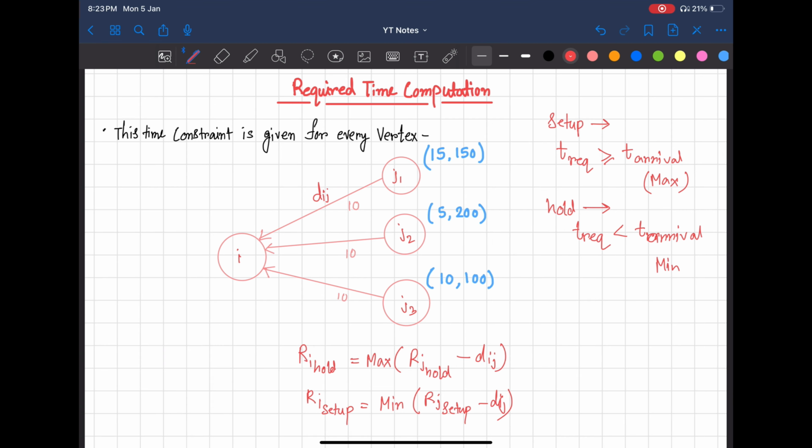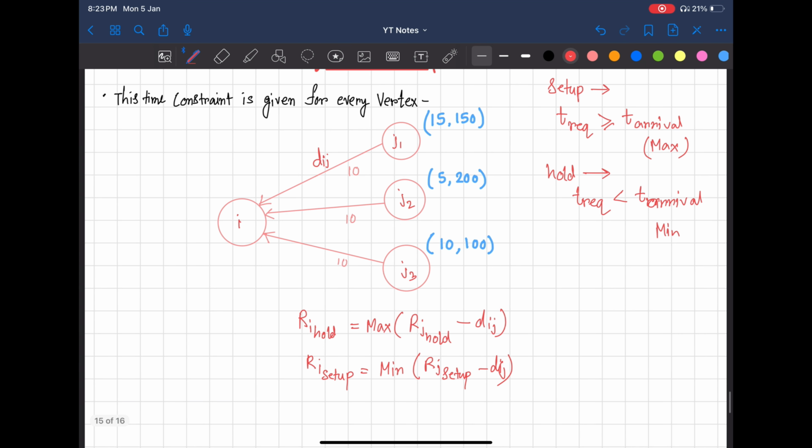By that formula, take 15 as the maximum for Ri hold, minus 10, so it is 5. Comma, minimum 100 minus 10, so 90. So it is a simple one, 5 comma 90.